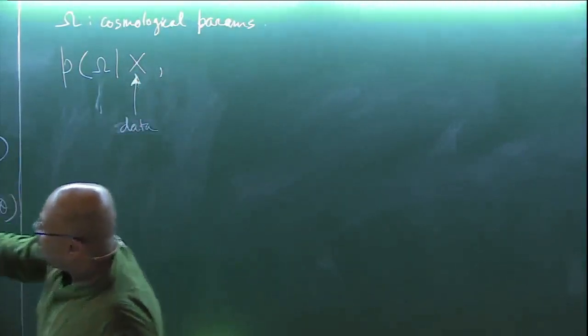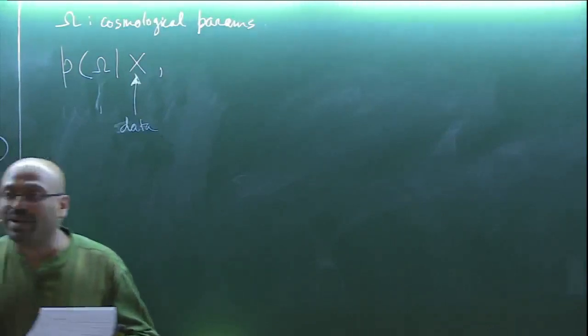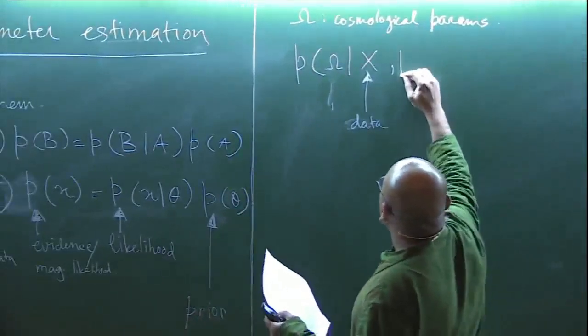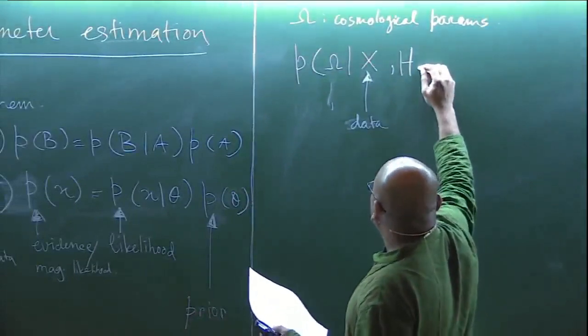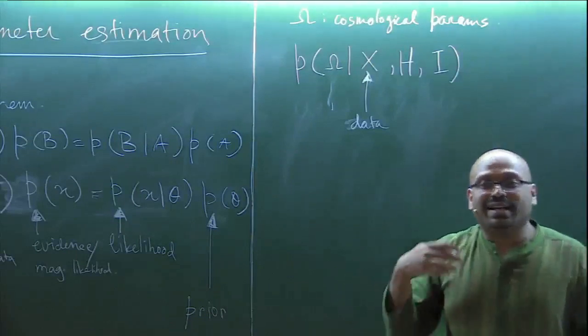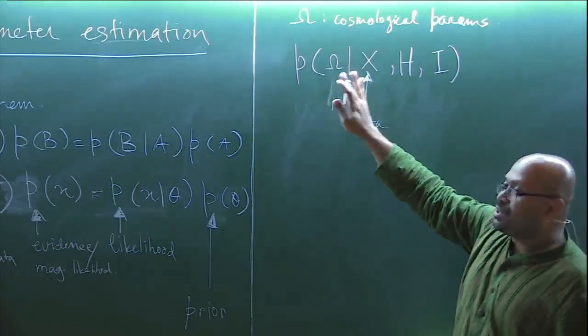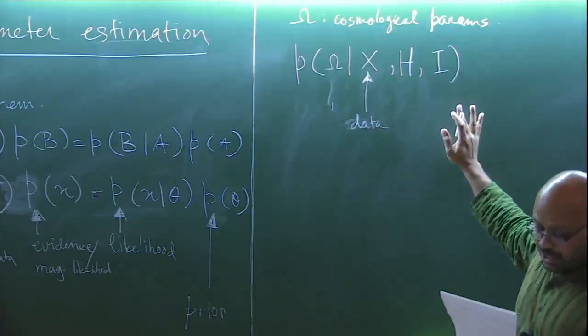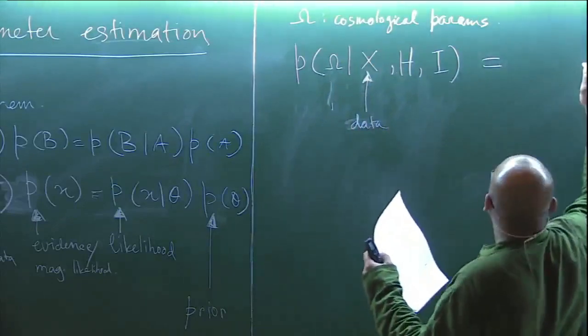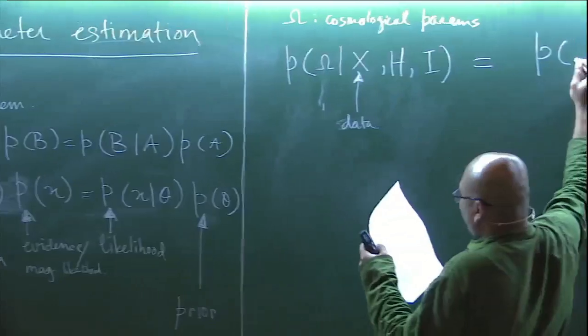And in this Bayes theorem, there are always things that you assume to be true. For example, the underlying model, or various other information. These are things that we always assume to be true. They are always on the right of the conditional probability. So this would be the prior on this.